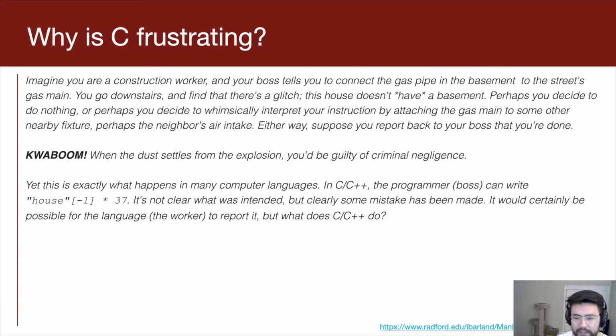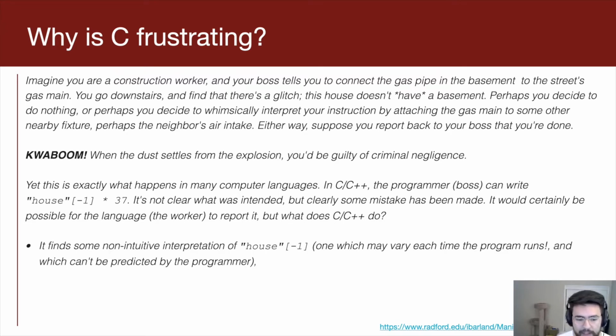So in C++ or C, you can write an expression that is something like the string house of -1 times 37. And it's not clear what that is supposed to do. That makes absolutely no sense from a conceptual standpoint. Clearly something is wrong with that. And maybe it would be possible for the language to say that, hey, something has gone wrong here, but what do C and C++ do?